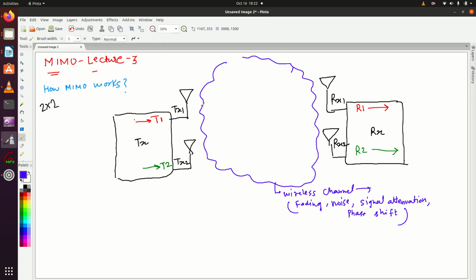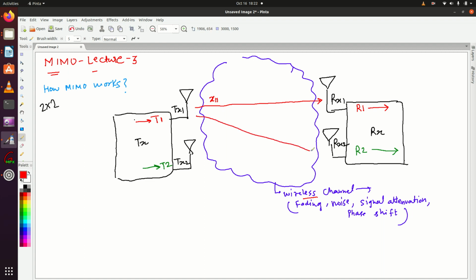Now let's discuss some coefficients. This is my first coefficient. I am going to represent it by x11. So what is x11? x11 is the changes performed by the wireless channel in the T1 signal between TX1 and RX1.